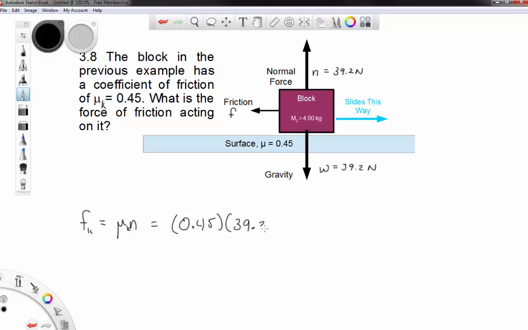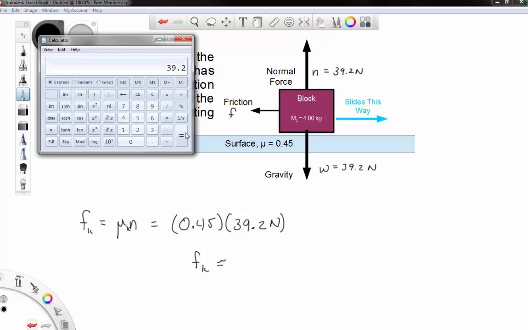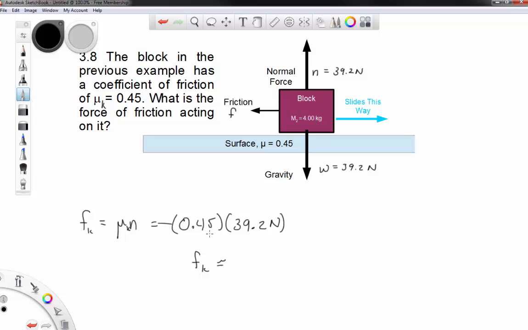We found that previously. So this force of friction, therefore, is going to be given by 0.45 times 39.2. So that's 17.64 newtons.